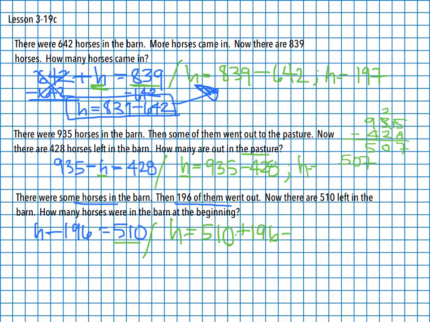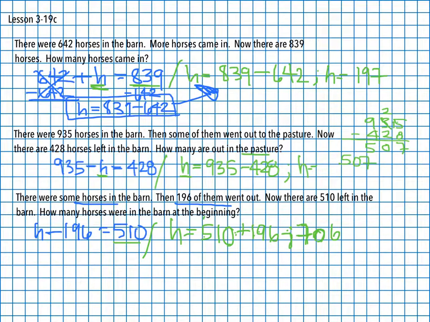Let's just add those together, and we're going to get 6, 9, this is going to be 0, carry the 1, 1 plus 5 is 6, 706. I apologize, for some reason my stylus isn't working very well.